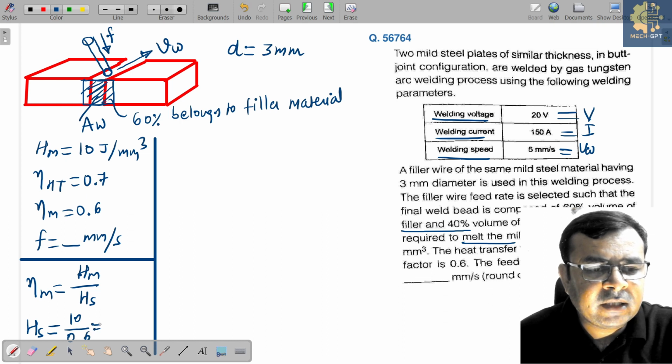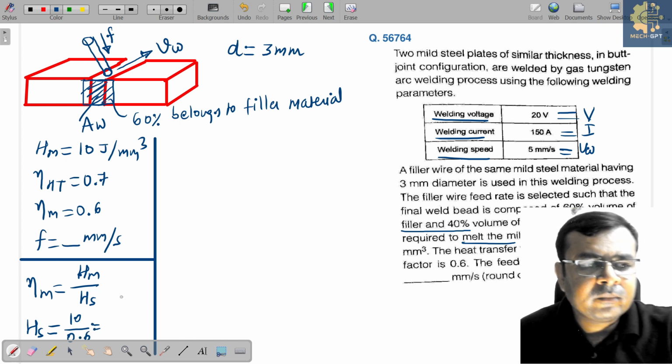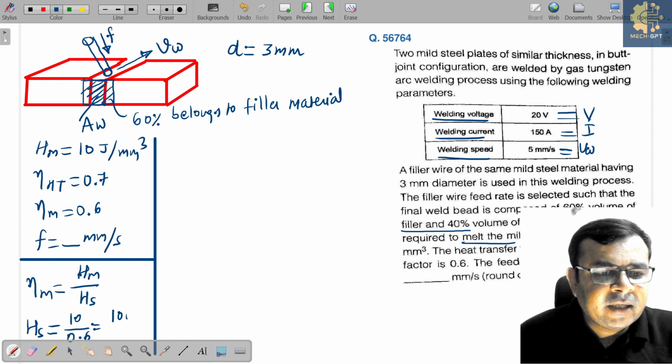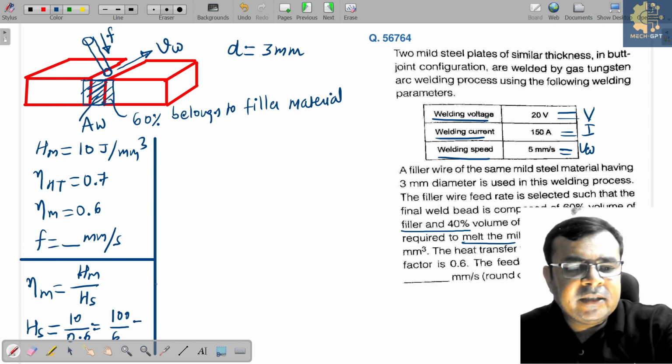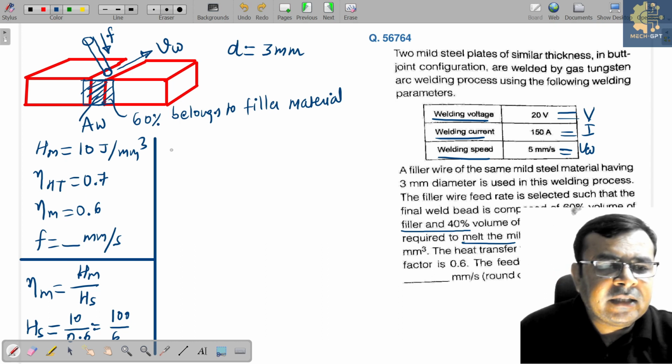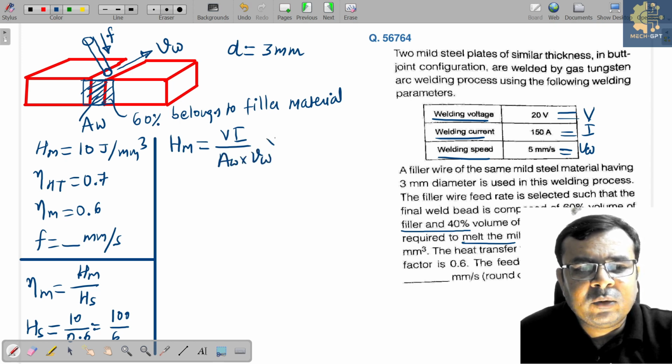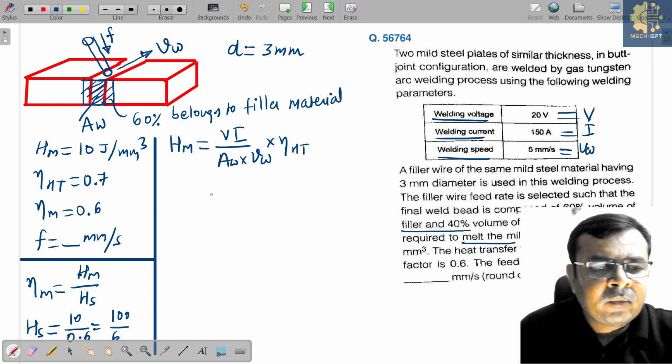So here we get 100 by 6. Yes or no? This is HS. And now if I write HM, then this is nothing but VI power over area of the cross section into velocity AW into eta ST.